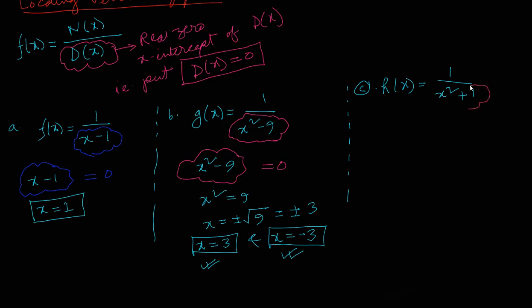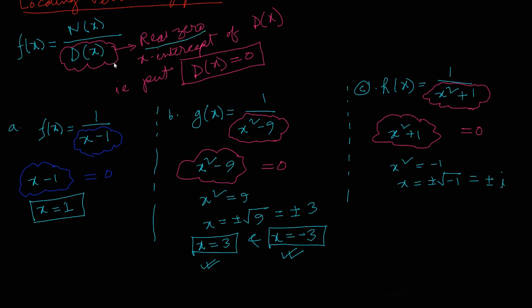All right, so now let us look at my third function. So let's see my denominator. If I equate my denominator to 0, so x squared plus 1 equals 0, what do I get? x squared equals negative 1. So x is plus or minus the square root of negative 1, which is plus or minus i. Now remember what we said in the definition: the real zeros of the denominator.